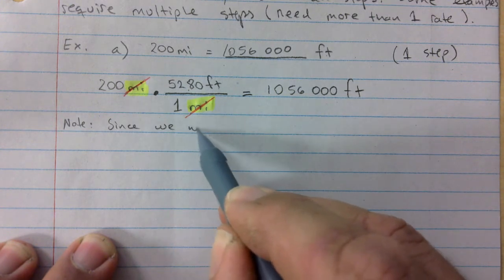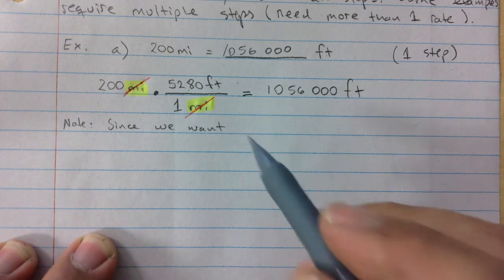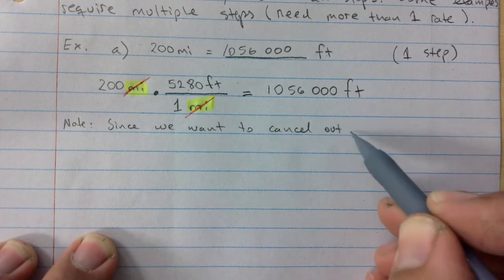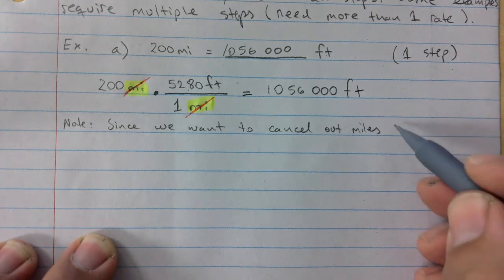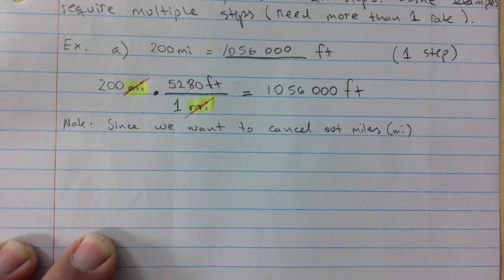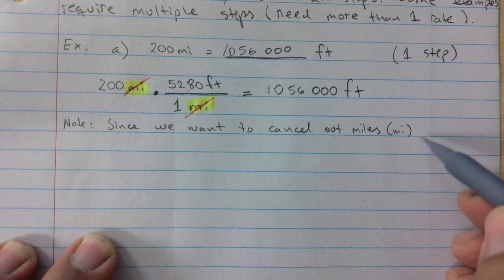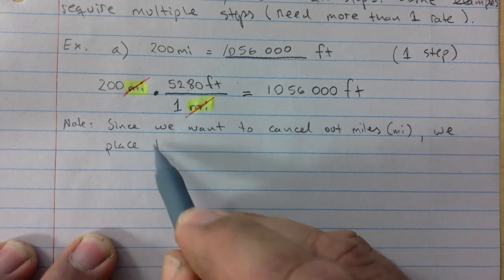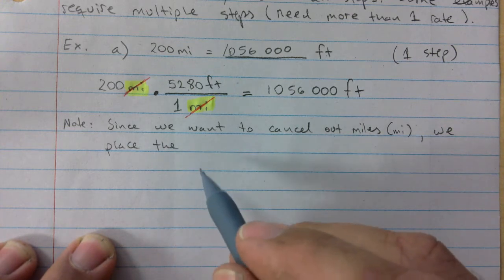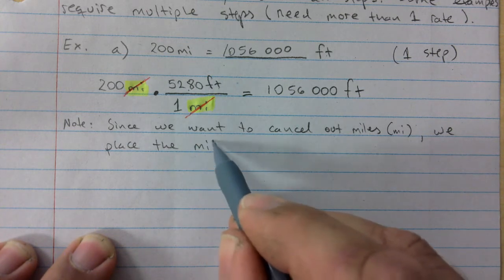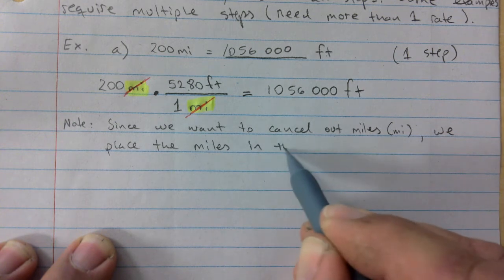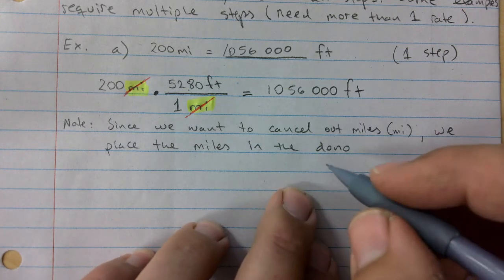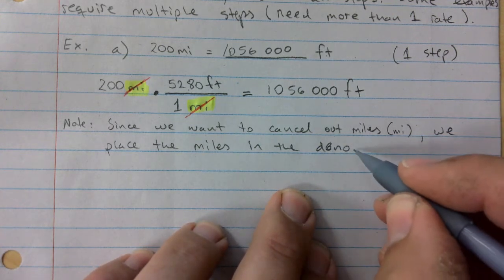Since we want to cancel out miles, we place the miles in the denominator.